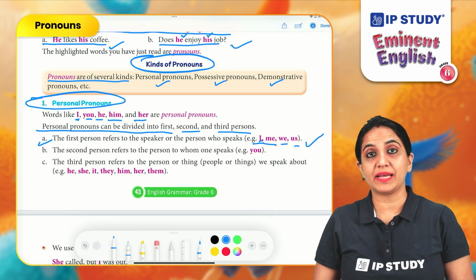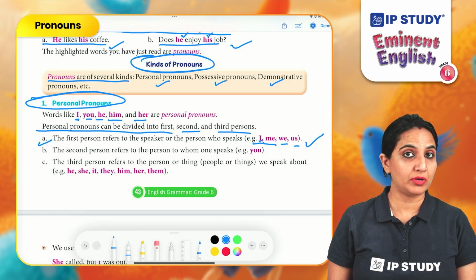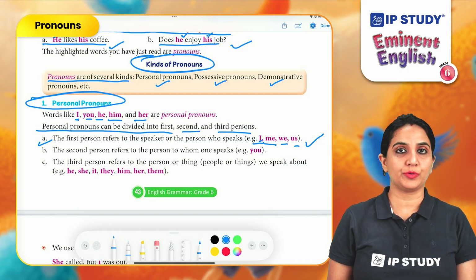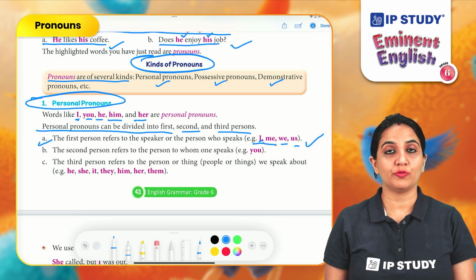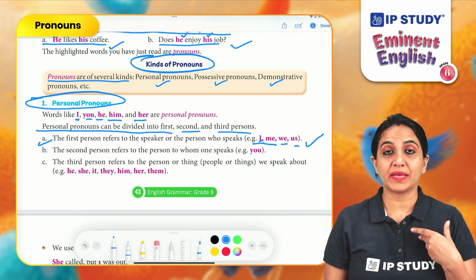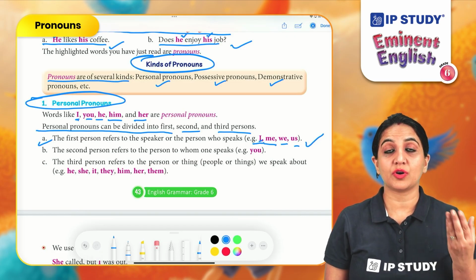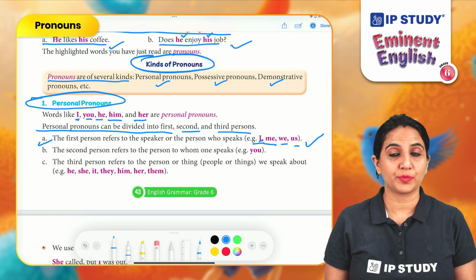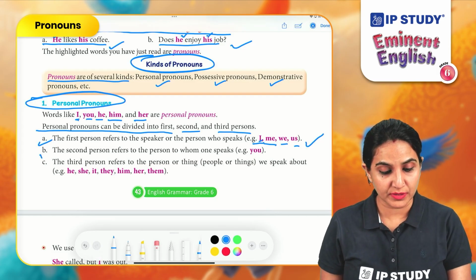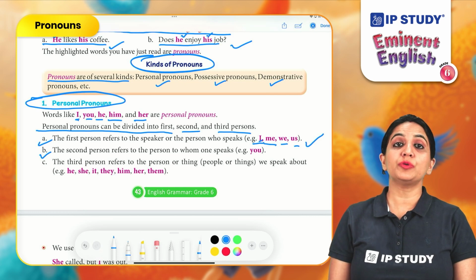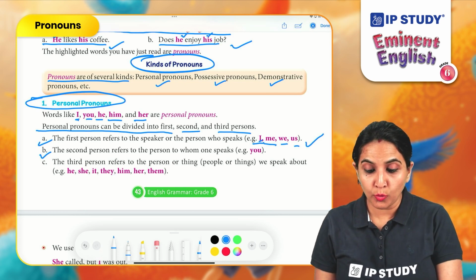So it really depends if we want to refer to a singular pronoun or to plural pronouns. Accordingly, we use the pronoun for the first person. That means we're talking about the speaker. So we use the pronouns like I, me, we, us. For the second person, we refer to the person to whom one speaks.